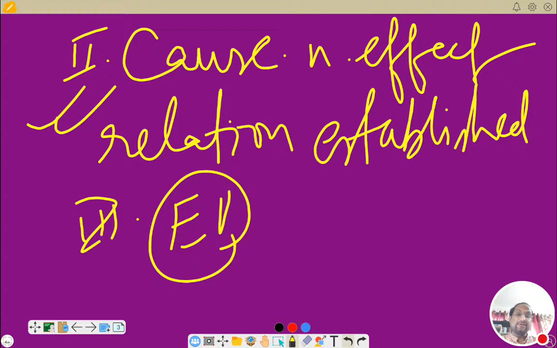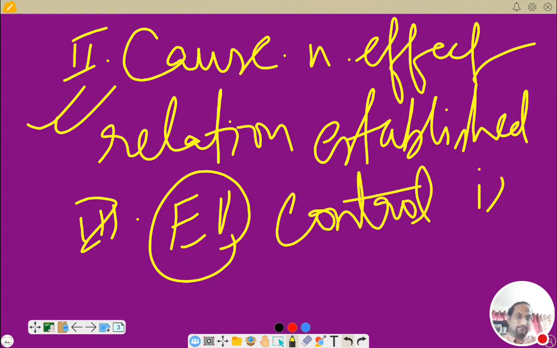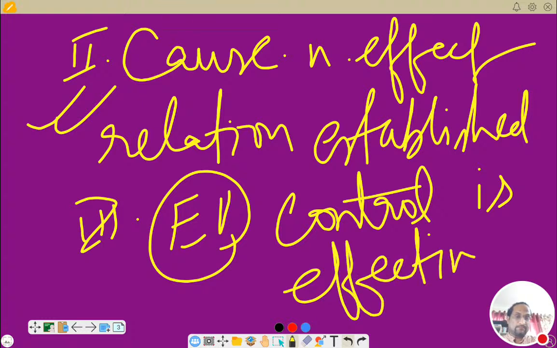Cause and effect relationship is established objectively or as objectively as possible. Okay, EV control is effective. Right? What are the weaknesses?